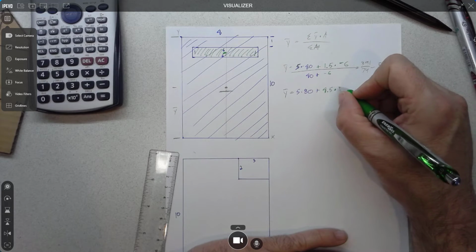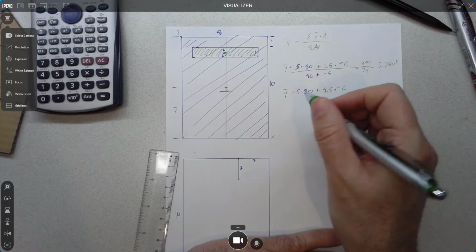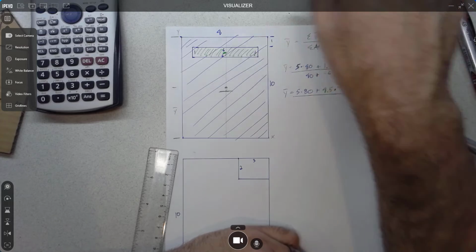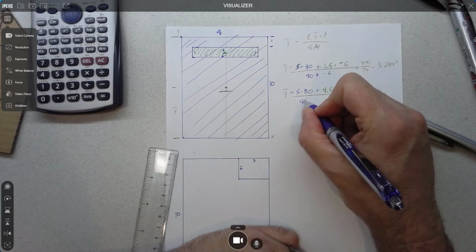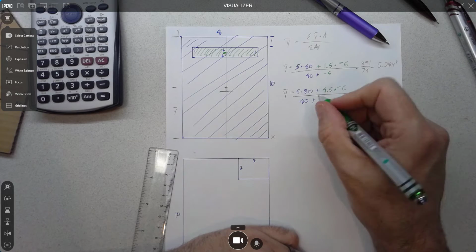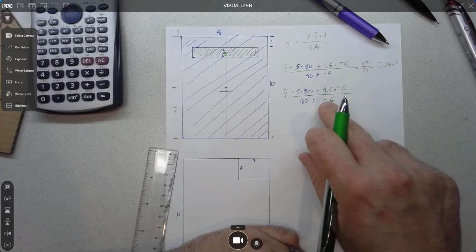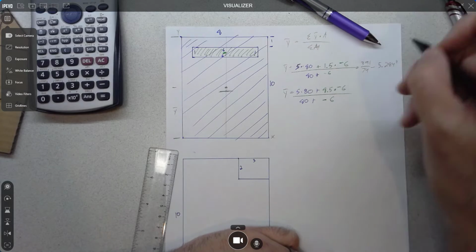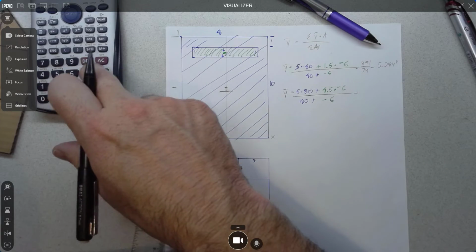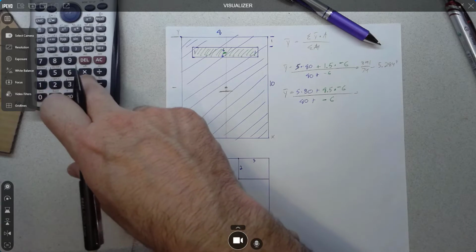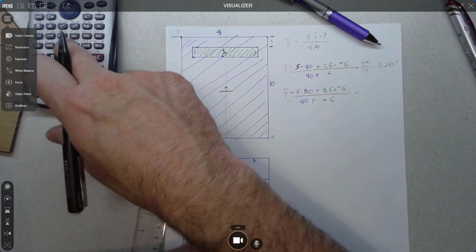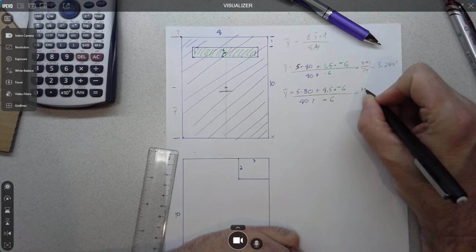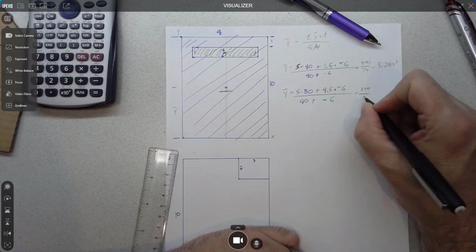And the bottom is unchanged, it's 80 plus the -6, since we're removing it. That's why the 6. So that's equal to 5 times 80 plus 8.5 times -6. It's equal to 349 over the same 74.